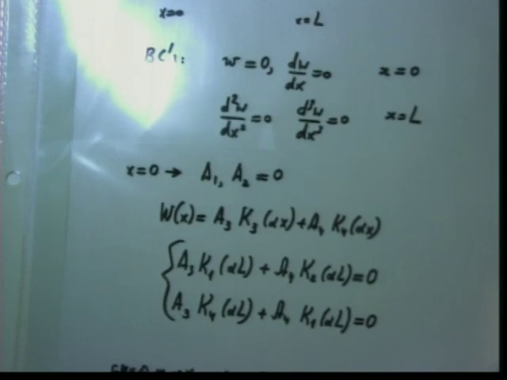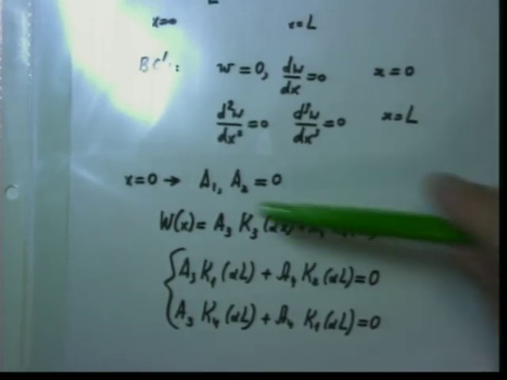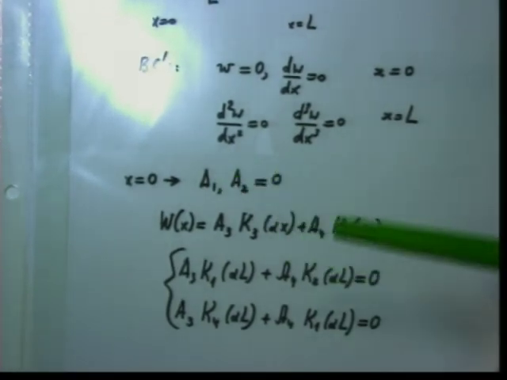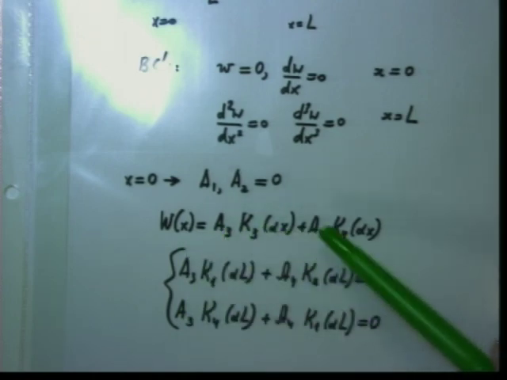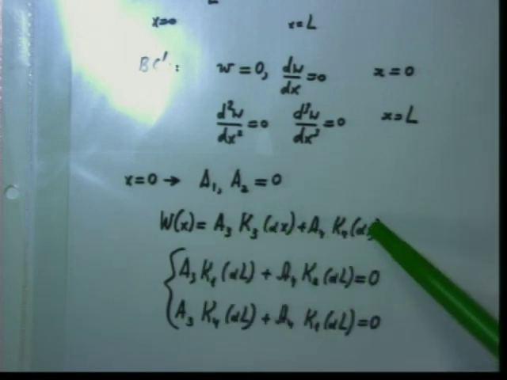Therefore, A1 and A2 equal 0. So what we are left with then is A3 K3 plus A4 K4.